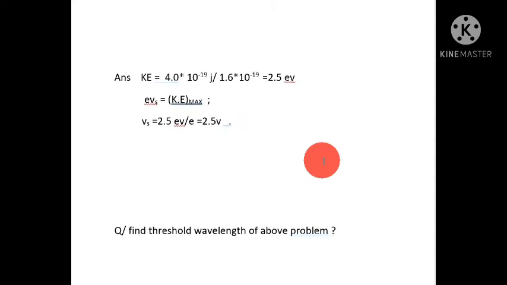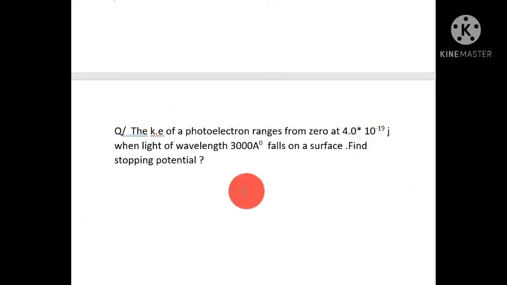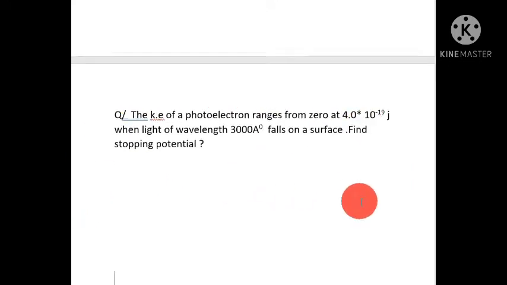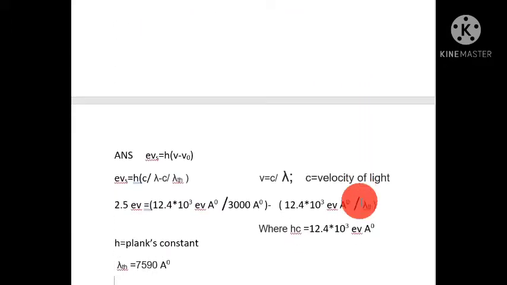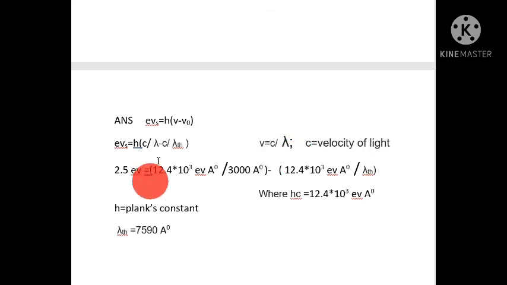And we also go to another formula question. Find the threshold wavelength of the above problem. In the problem given in equation 1, we are asked to find the threshold wavelength. Here is the solution of that question. eV_s is equal to h mu minus h mu naught, and mu we know is c by lambda, where c is the velocity of light and lambda is the wavelength of light, and this mu naught, which is the threshold frequency, gives c by threshold wavelength.